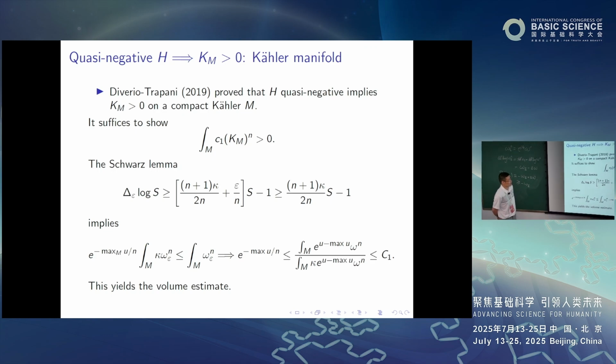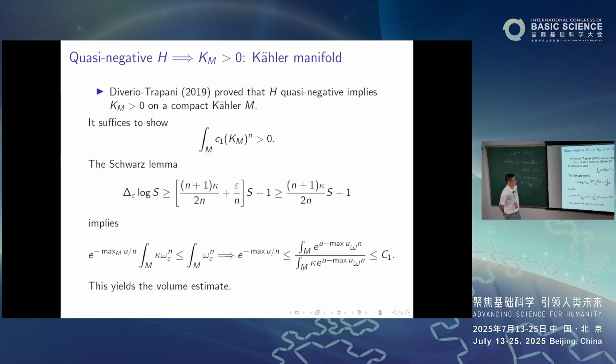They proved Yau's conjecture under a weaker assumption that the holomorphic sectional curvature just needs to be quasi negative. This we actually did in a paper with Yau, but in the case where we assume the group has rank 1, but we don't need that. Quasi negative means that H is less than or equal to 0 everywhere, but strictly less than 0 at one point. So again, you just need to show the volume estimate.